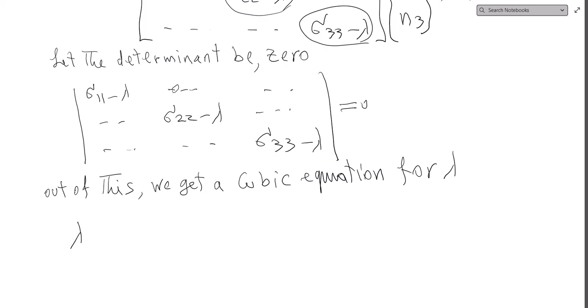I write it down here, and this is lambda cubed plus I1, and I will explain what is I1, lambda squared plus I2 lambda, and sorry, this should be minus, and then minus I3 equal to 0.